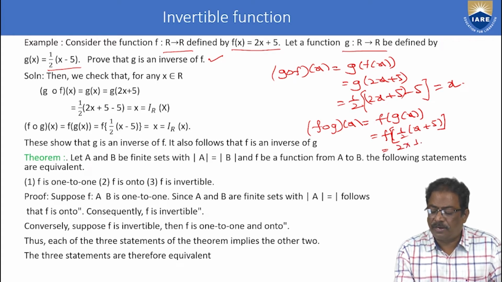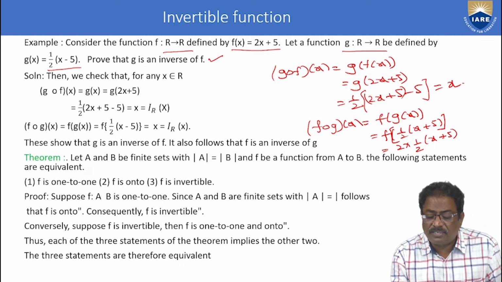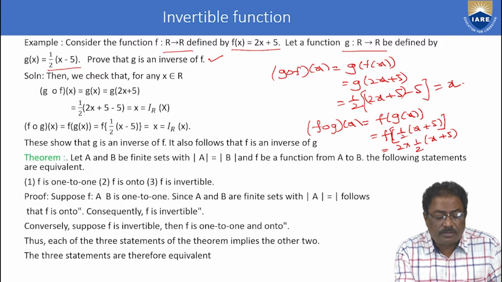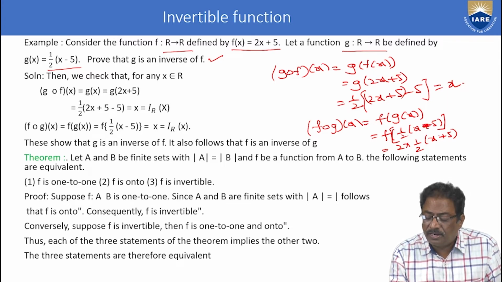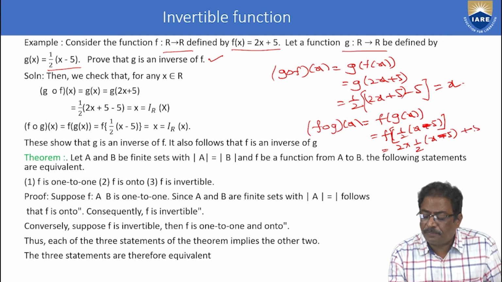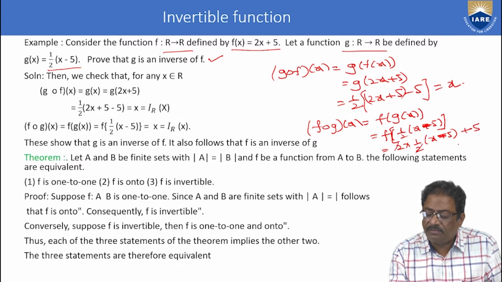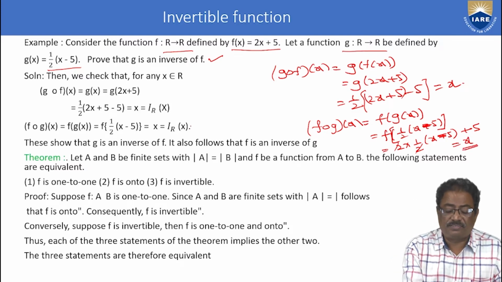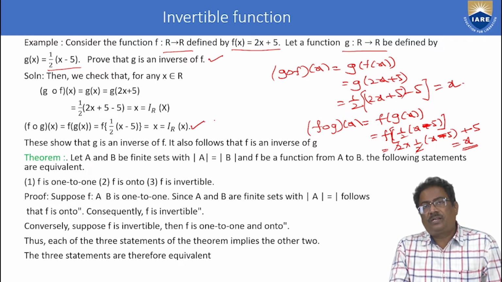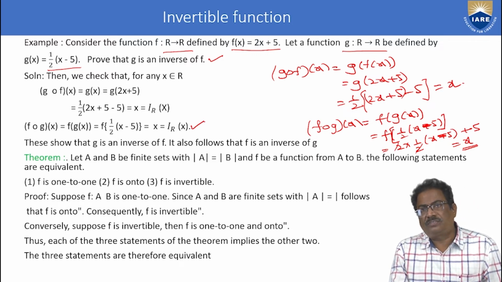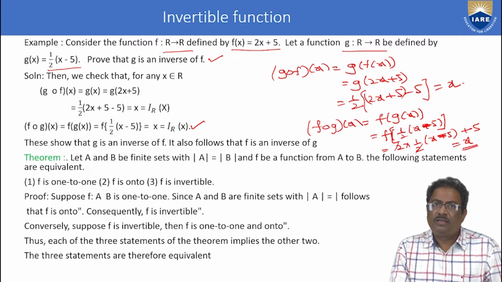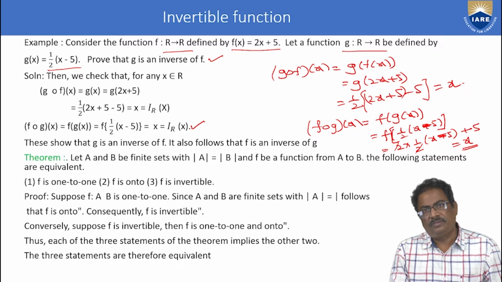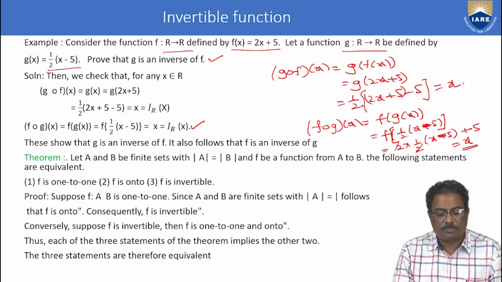So 2 into 1 by 2 times x minus 5, and then plus 5. These two get cancelled. Finally, I am getting x. So instead of proving one function is the inverse of the other, we have to verify that f of g and g of f are equal to the identity function. Then we can say that both are inverses of each other.